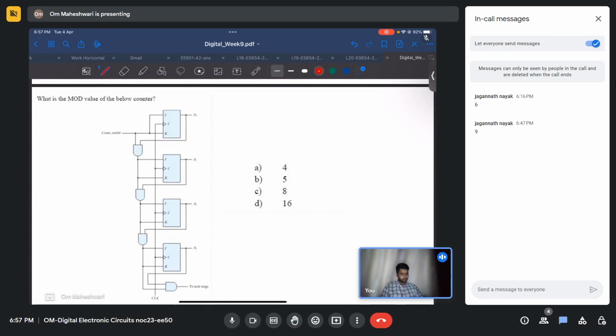The question is, what is the mod of the below counter? Again, like previous questions, just try it once.